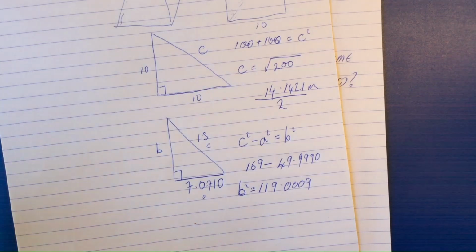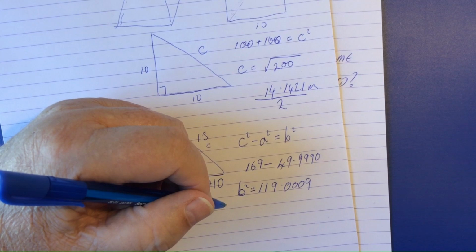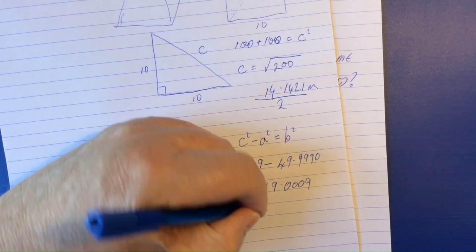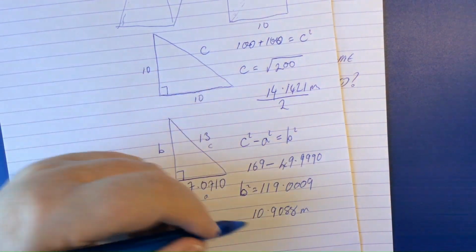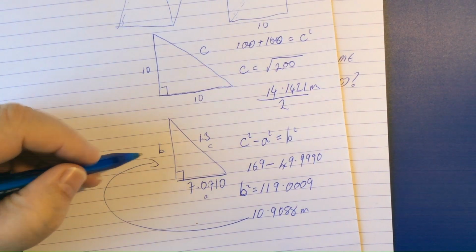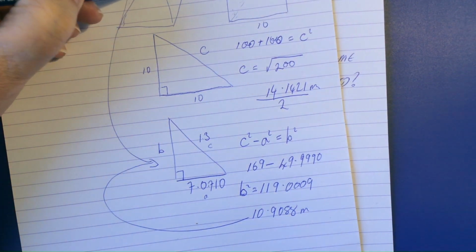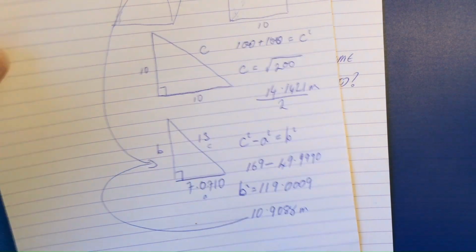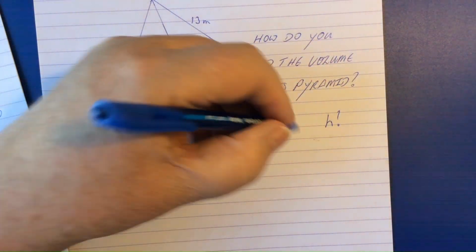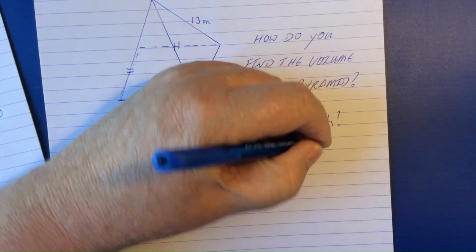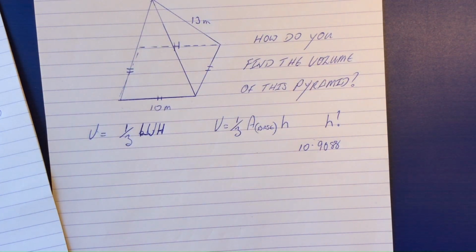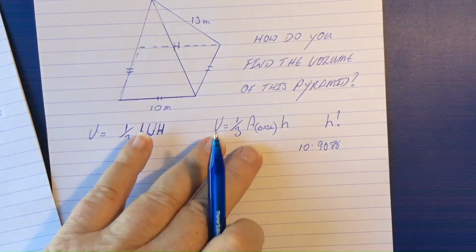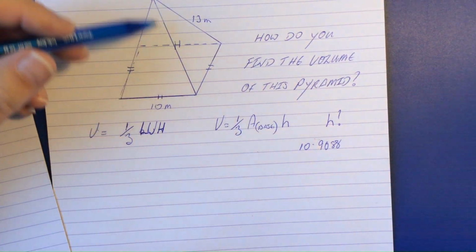The square root of that is 10.9088 meters. And it is the height up there, the missing number. And we can take that now and put it into either of these formulas, and we will find the volume of this.